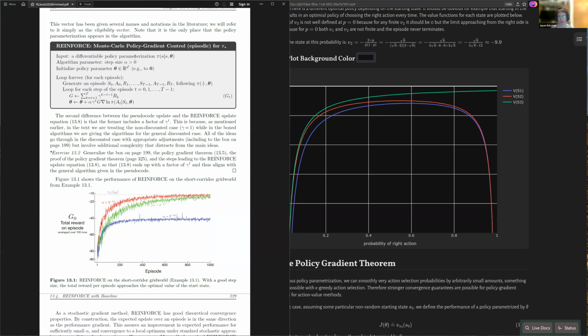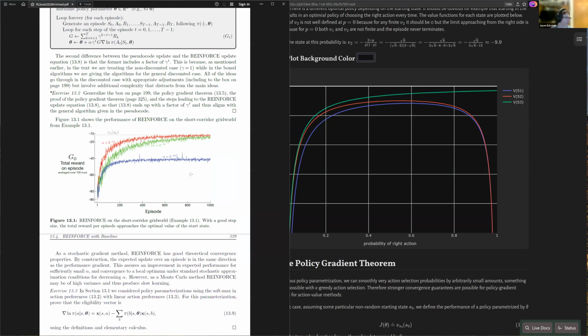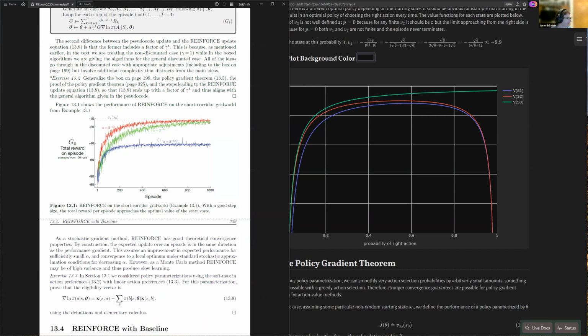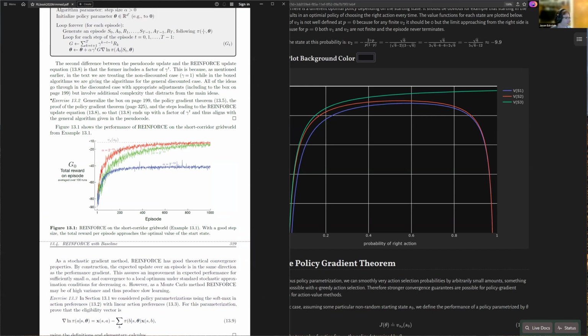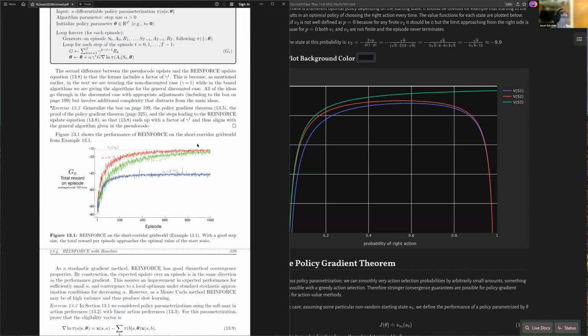So this is, of course, noisy because this is showing collected samples during the training process. But for different learning rates, this is showing that as long as the learning rate is sufficiently small, this does appear to approach the optimal solution. So this is working, at least on this example.